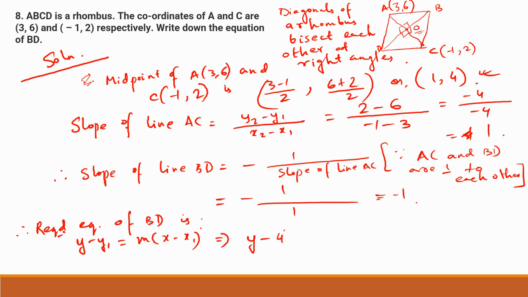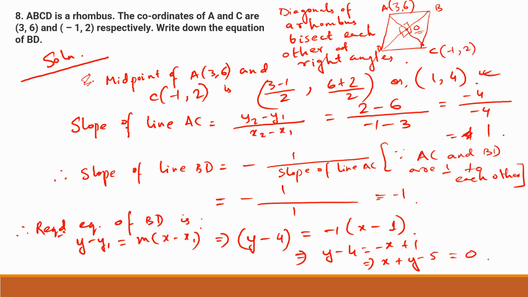So y1 is 4, m is minus 1, x1 is 1. So you will get y minus 4 equals minus x plus 1, which will give you x plus y minus 5 equals 0. Hope this is clear to you guys.